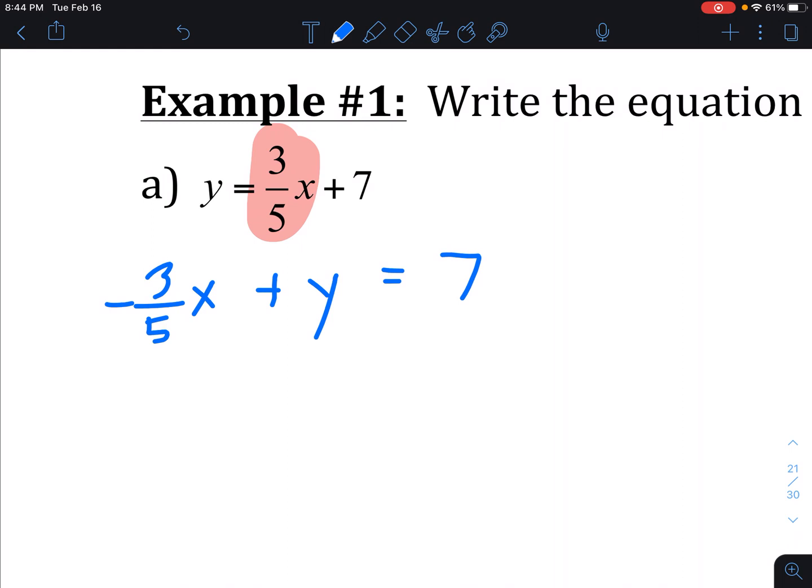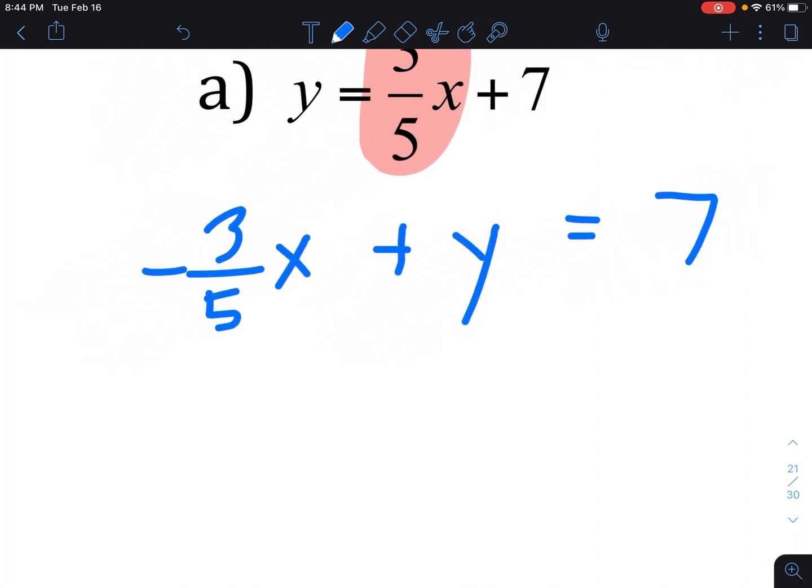Okay, so it looks like it's getting closer to that ax plus by equals c. But we now have to worry about our rules. Our first rule says we're not allowed to have fractions. So how do I get rid of a fraction here? Look at the denominator of your fraction, 5. What you can do is multiply everything by 5.